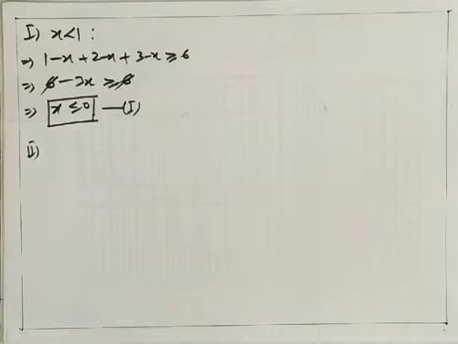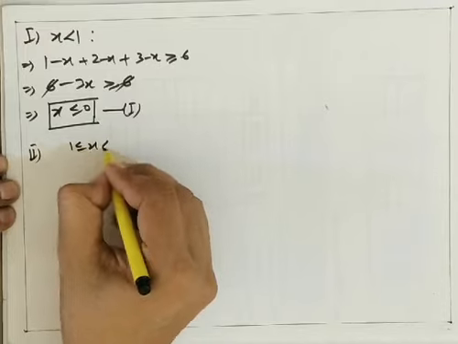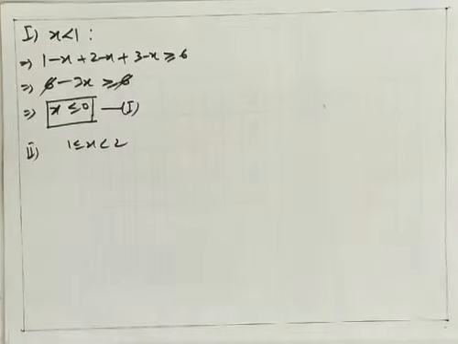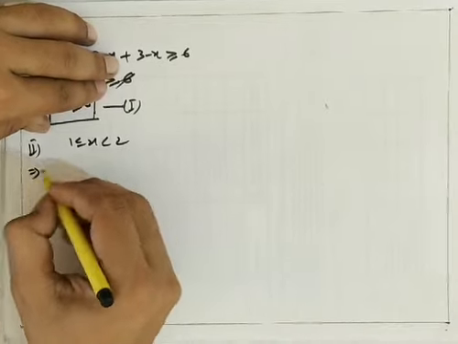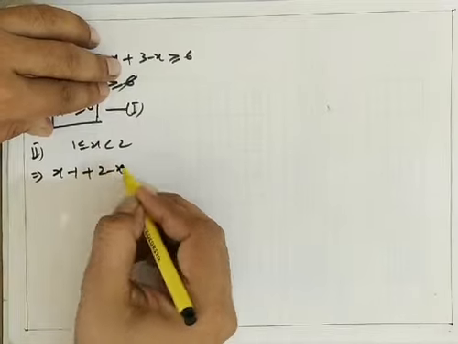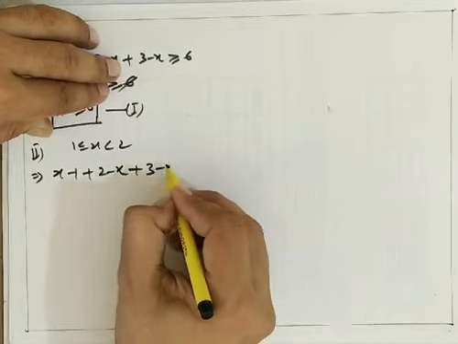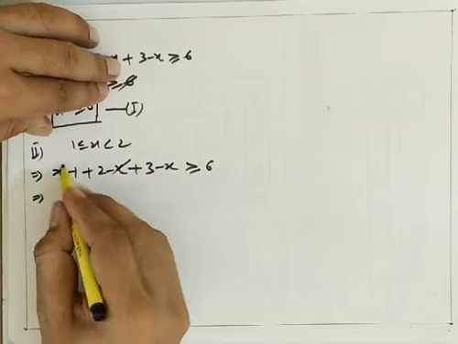Now let's see the second case. The second case is between 1 and 2. The inequality formed over here was x minus 1 plus 2 minus x plus 3 minus x greater than or equal to 6. So that means this is cancelled.